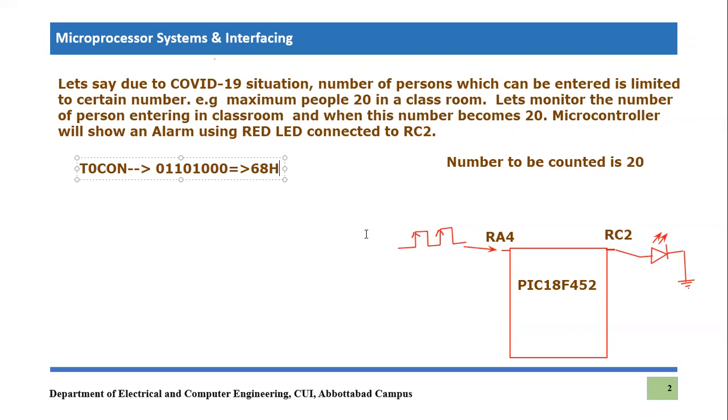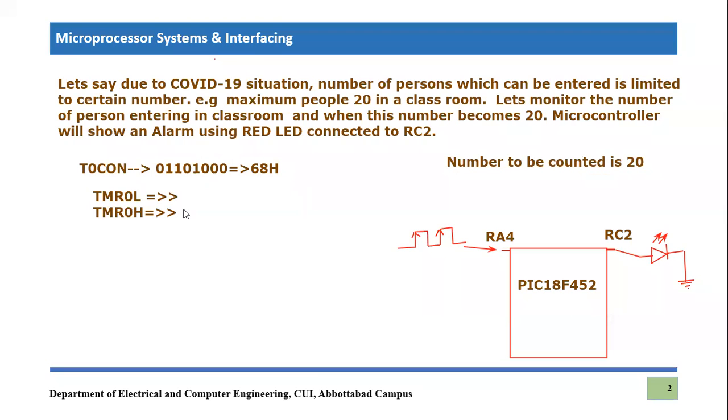Now we need to decide the value for timer 0L and timer 0H. We know that timer values are fed into these two registers. One is called timer 0L, where a certain value would be fed, and then timer 0H, where a certain value would be fed. What do you think? Will we be using timer 0H or not? Yes, you are right.